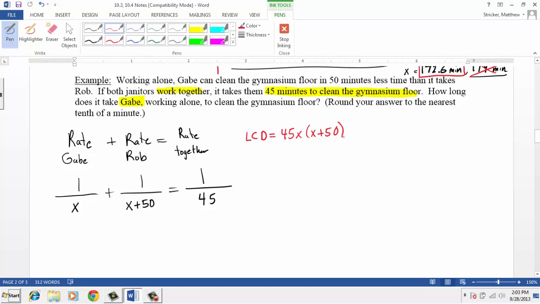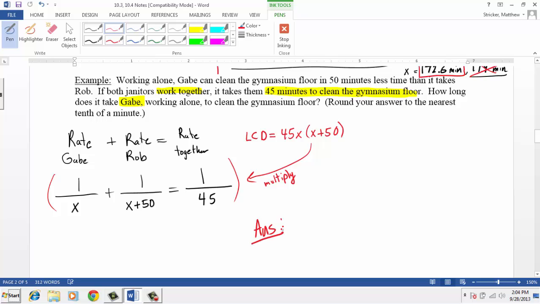And so what are we going to do? We're going to multiply everything in this equation by that LCD. And I'm not going to finish this problem. I will give you the answer, though. I want you to go ahead and try it on your own.